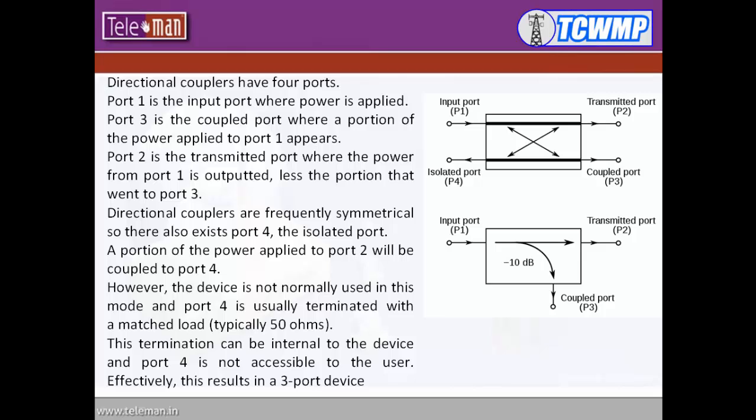Here we discuss that port number 1 is the input port where the power is applied. Port number 3 is the coupled port where a portion of the power applied to port 1 appears. Port 2 is the transmitted port where the power from port number 1 is output, less the portion that went to port 3.